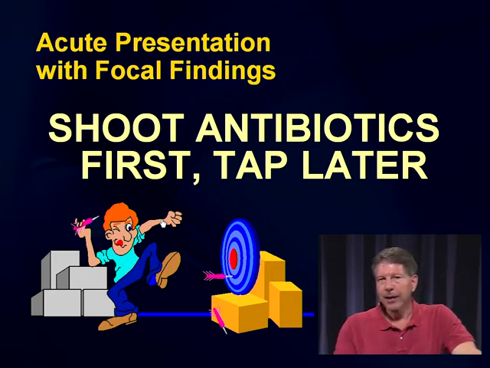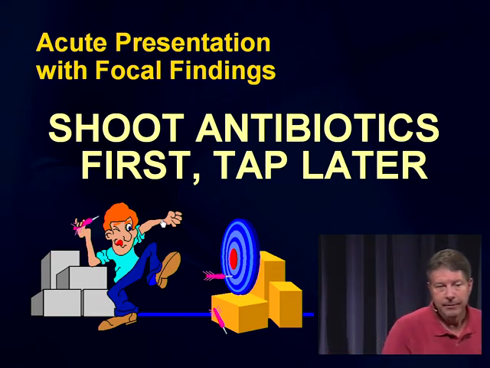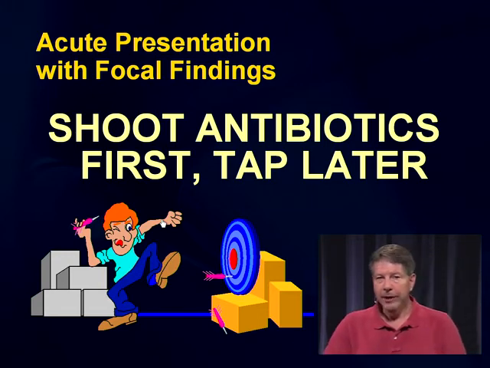The key thing here is you don't want to delay antibiotics. Okay, you don't want to delay antibiotics in an acute presentation. So if you can't do the LP because there's something going on, then you need to give the antibiotics, get the CAT scan or MRI, and then do the tap if it's okay. No one's going to yell at you for giving antibiotics before you got a culture, because you're saving the patient's life here.